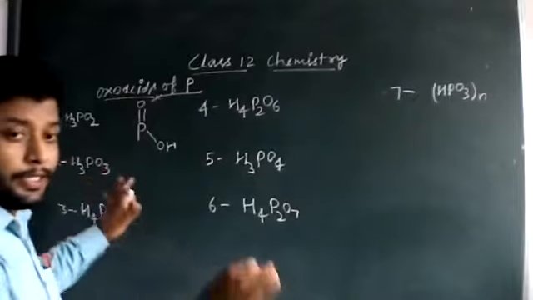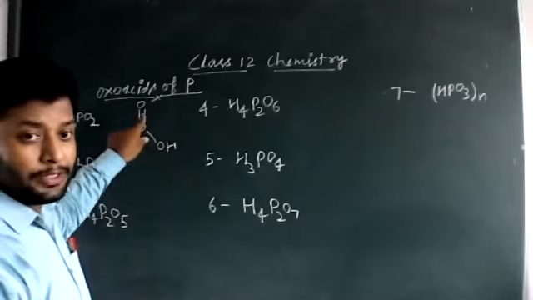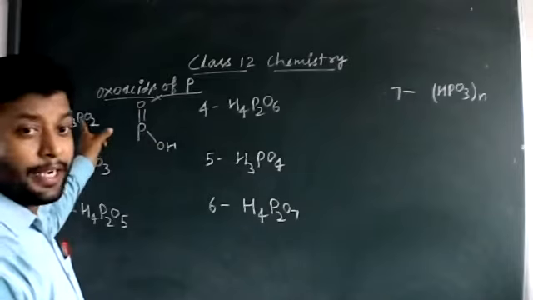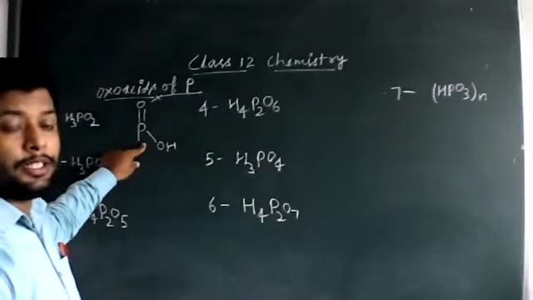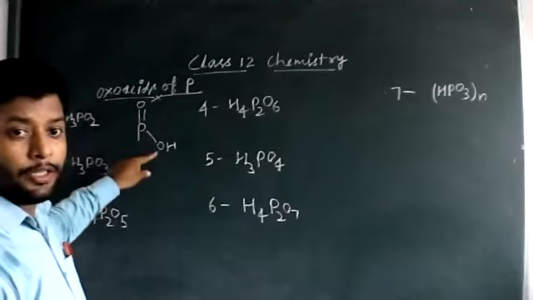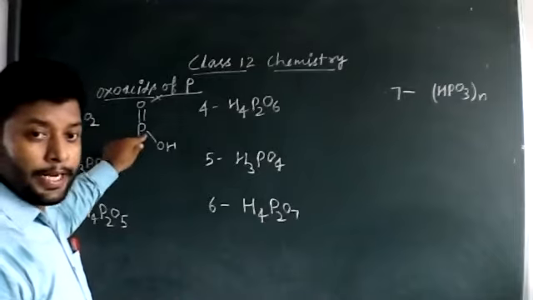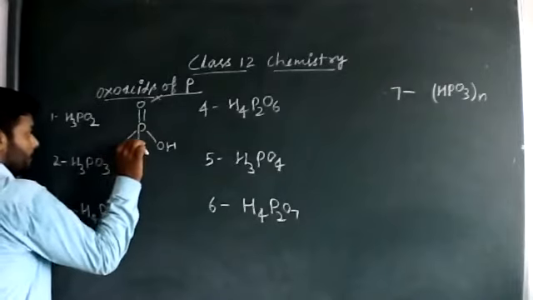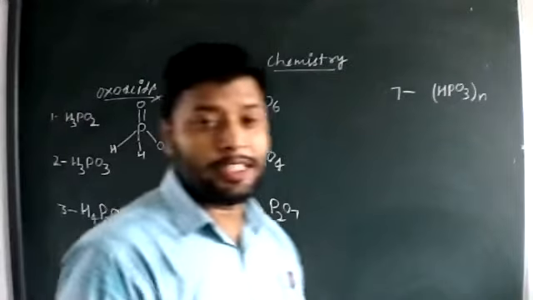Whenever you start drawing the structures of the different molecules, you have to draw first P double bond O and OH, and the remaining hydrogens, if any remain, will be attached to phosphorus or oxygen depending upon availability. You can see there are only 2 oxygens, so both oxygens are used here. So the remaining 2 hydrogens directly make bonds with phosphorus, and that is the structure of phosphinic acid.